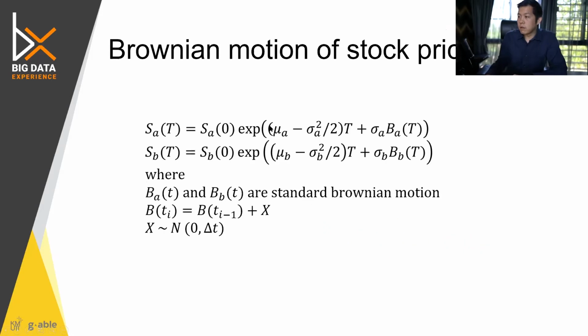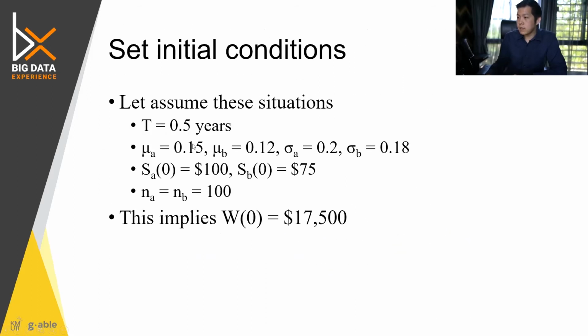This is for the mu A and mu B here. Think of that as the standard values of the change, and this is the actual price and the number of units that you hold initially. So by multiplying NA and NB with the price, you get the total initial worth.